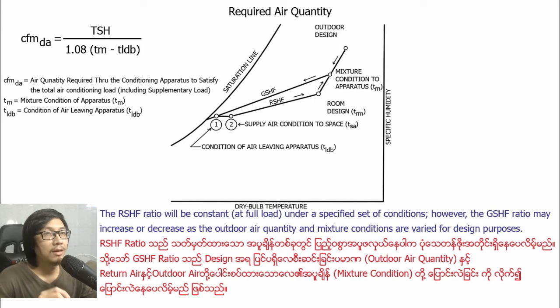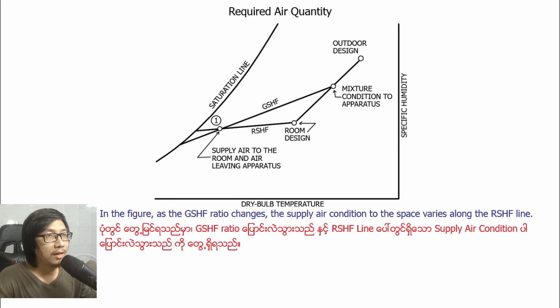However, the grand sensible heat factor ratio may increase or decrease as the outdoor air quantity and mixed conditions vary for design purposes. In the figure, as the grand sensible heat factor ratio changes, the supply air condition to the space varies along the room sensible heat factor line.